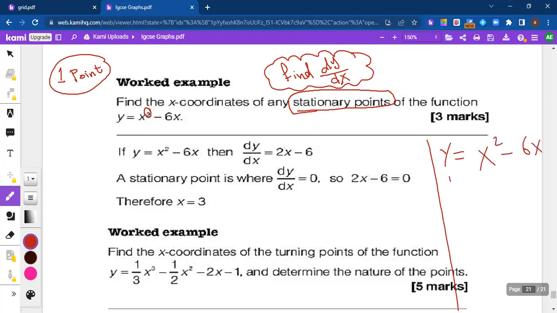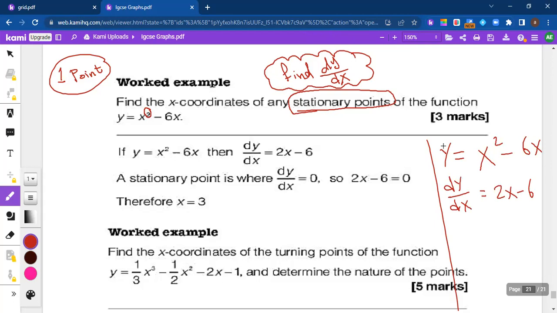How can I find dy by dx? It will be 2x minus 6. And now I have to complete.